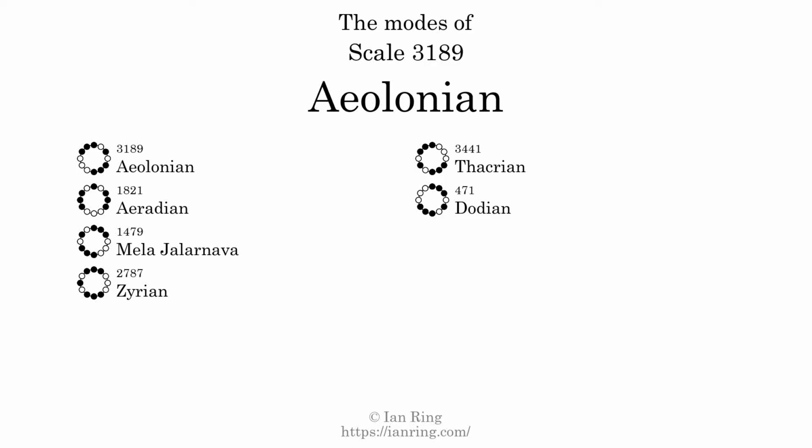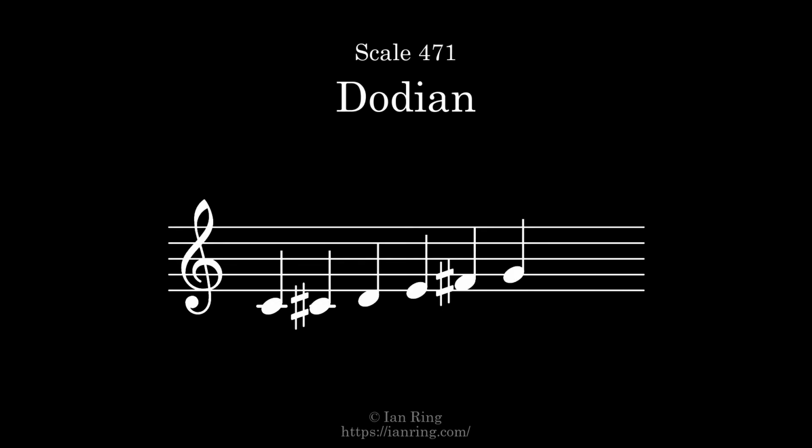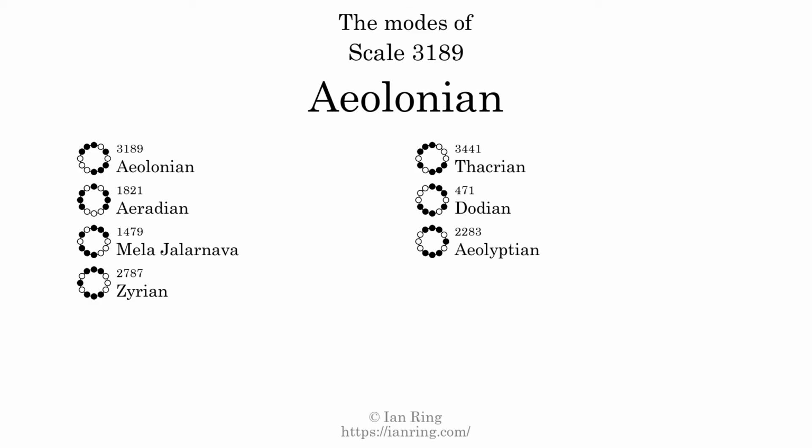The sixth mode is scale 471. Also known as Dodian. It sounds like this. The seventh and last mode is scale 2283, also known as Elliptian. It sounds like this.